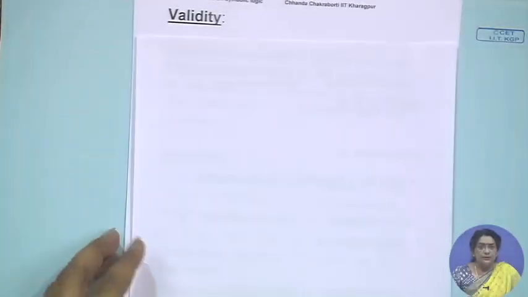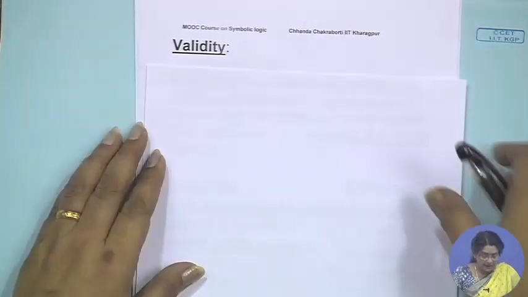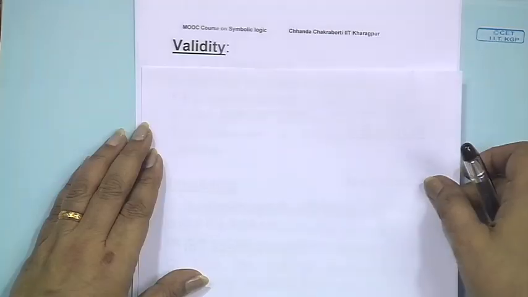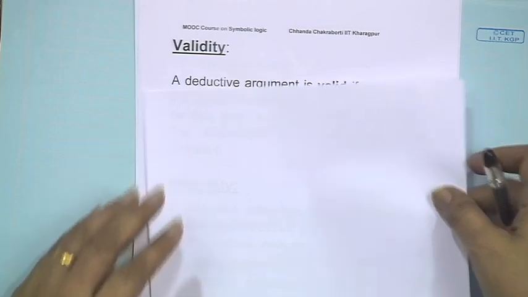We will start with validity, and I am going to define what makes a deductive argument valid in terms of possibility and impossibility. So, let us take a look at the definition of validity.